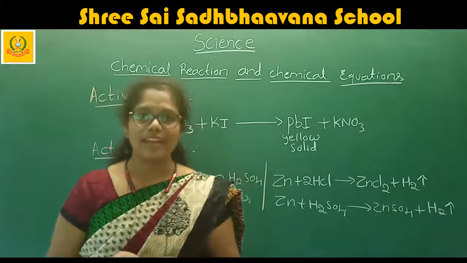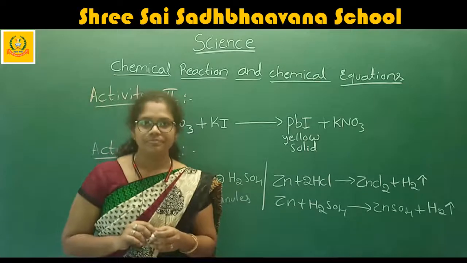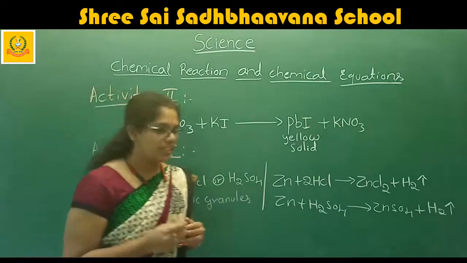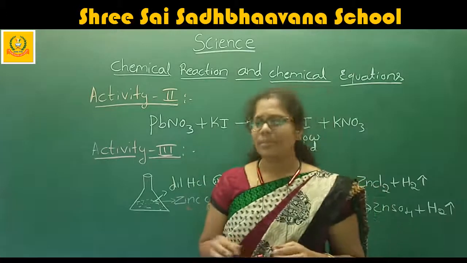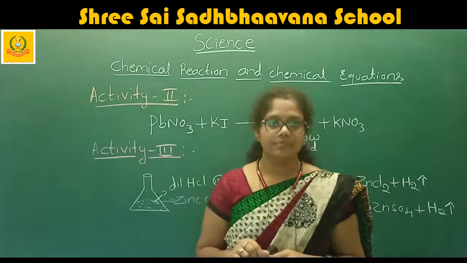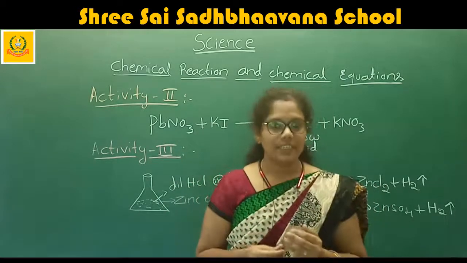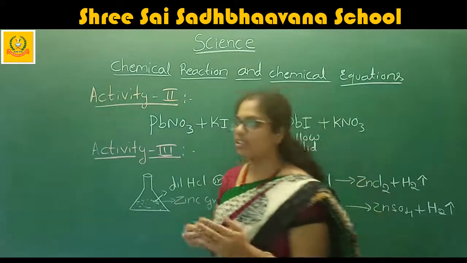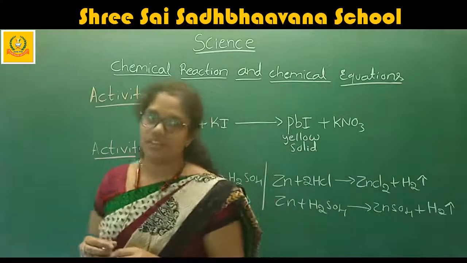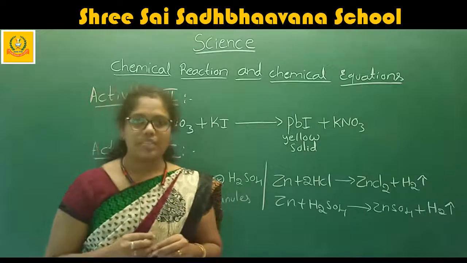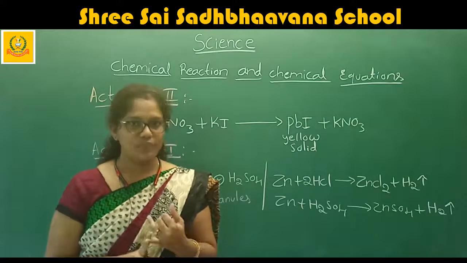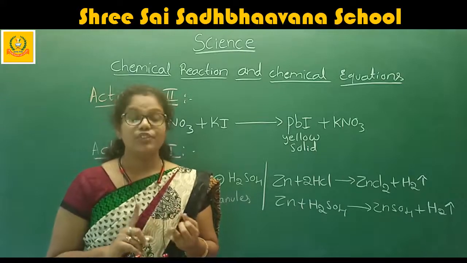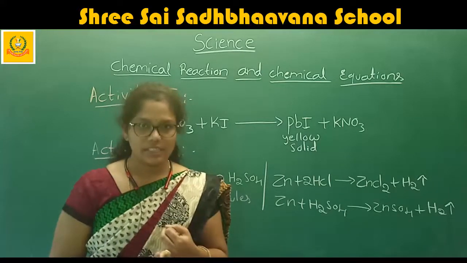These are some of the characteristics of a chemical reaction. Now I am going to tell some characteristics of chemical changes by seeing these activities. The first one: change of state takes place, change of temperature takes place.